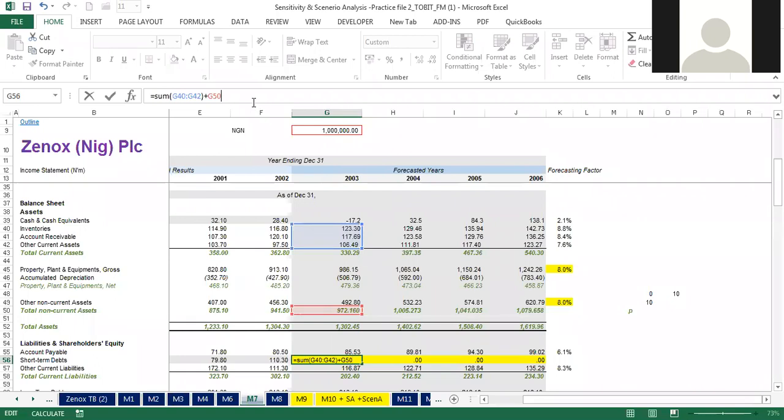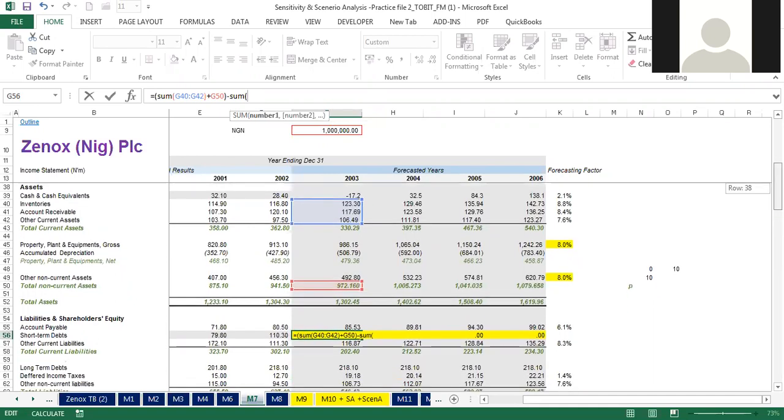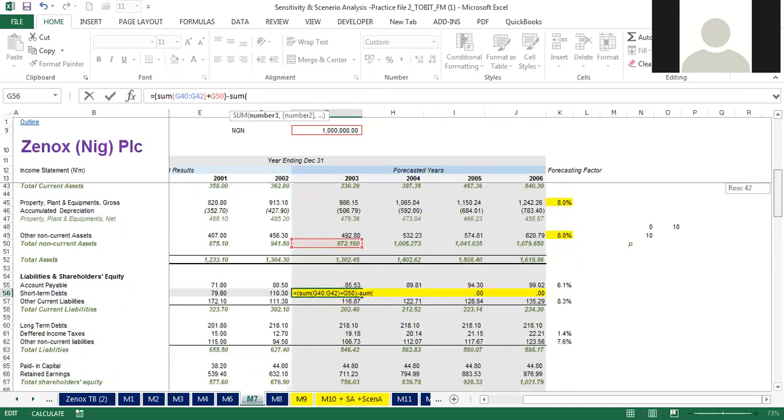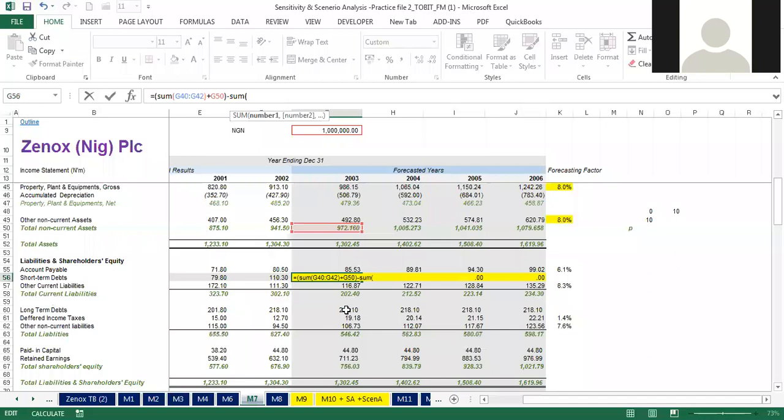So what I would simply do now is put these two in brackets and say minus. Now let's go to our liabilities and equity side. Now we can pick the total of this. We'll pick the total of that.